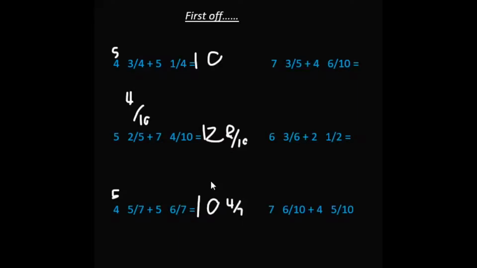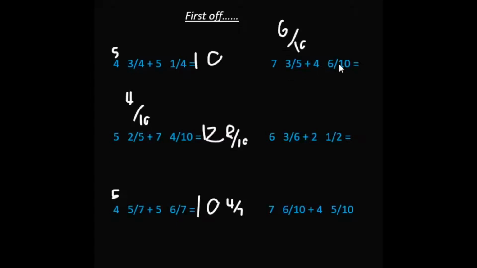Perfecto. Okay, so now we have 7 and 3/5 plus 4 and 6/10. Again, we need that common denominator, so let's double 5 because we only have to double it to get 10. So let's double it to make 10 the denominator, and we have to double the 3 too to make it 6.